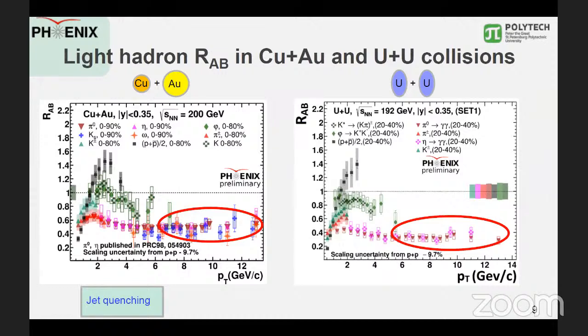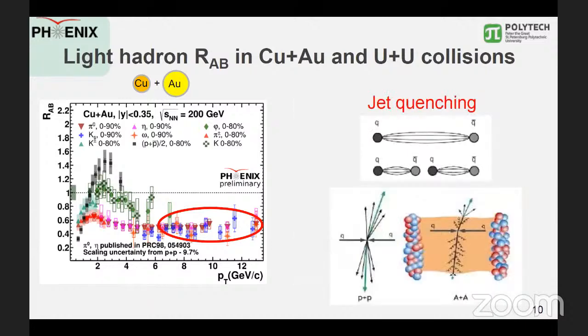And the last effect which can be seen in these plots is jet quenching. Jets interact strongly with the medium, and that leads to a marked reduction of their energy.